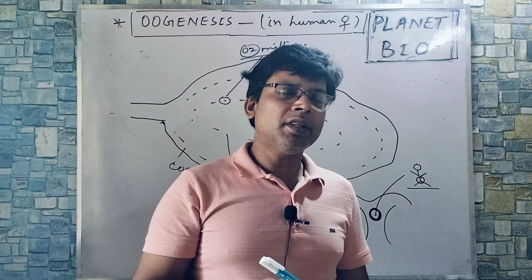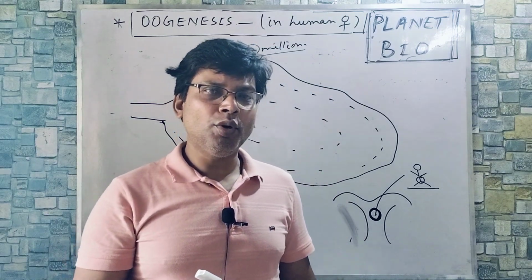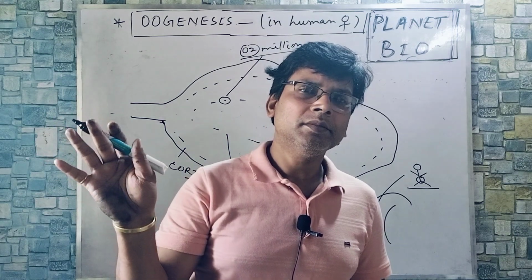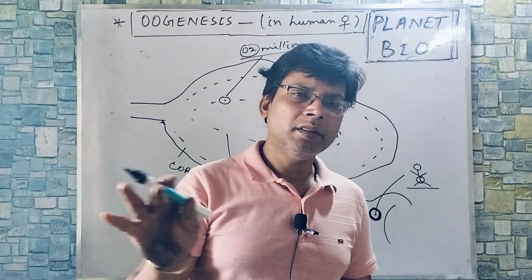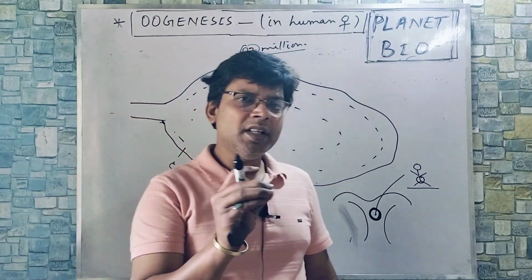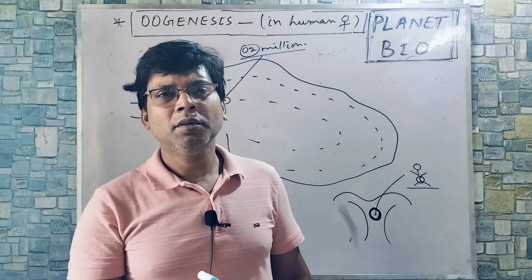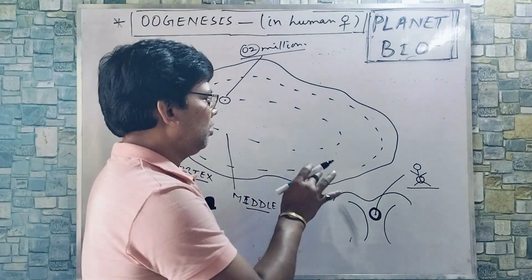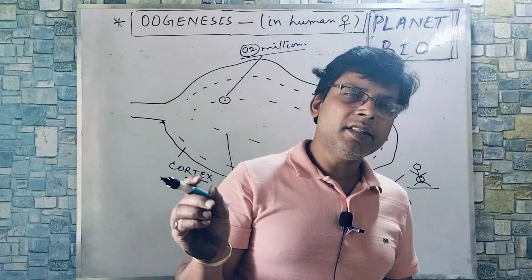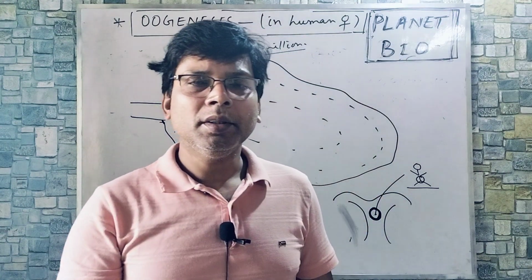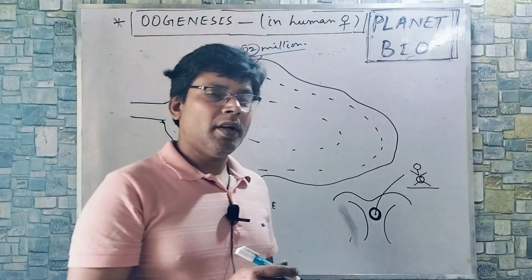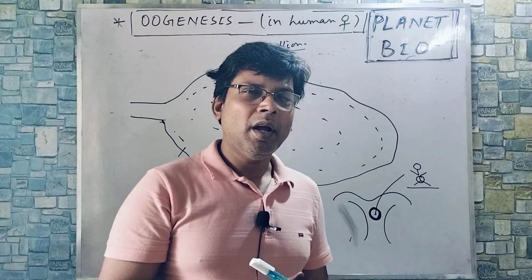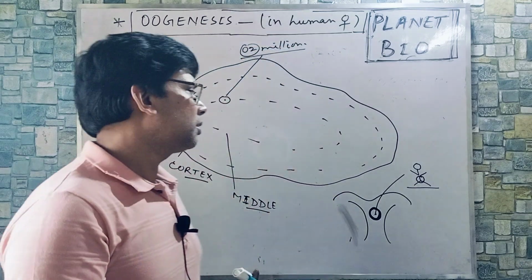Only 60,000 to 80,000 oogonia are left in each ovary. Others are released out. This release is called what? Actually, the follicles are called atretic follicles, and the process is called follicular atresia.